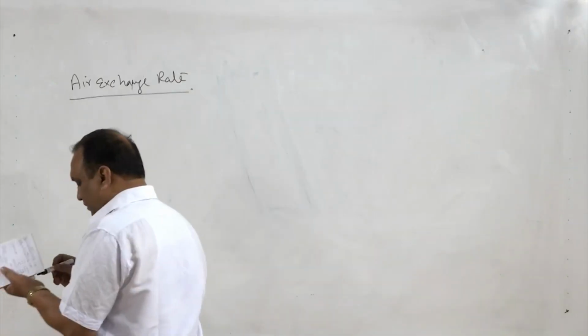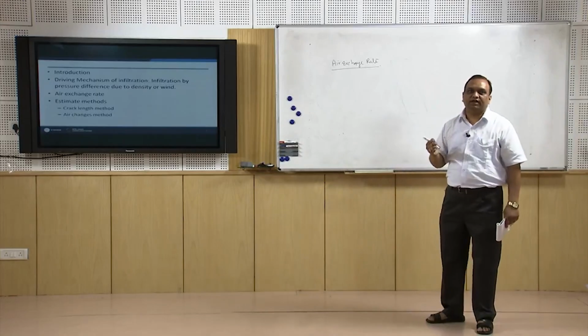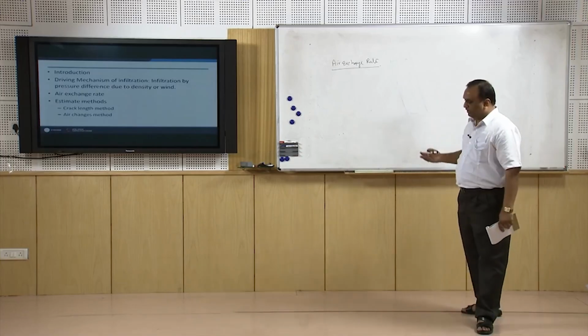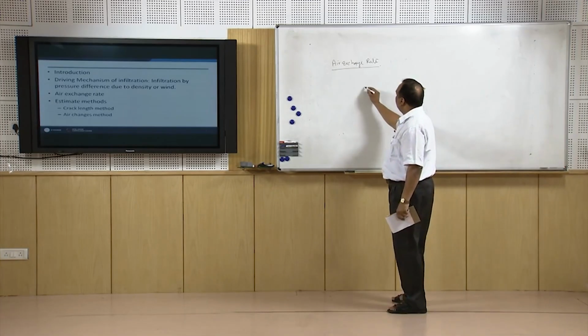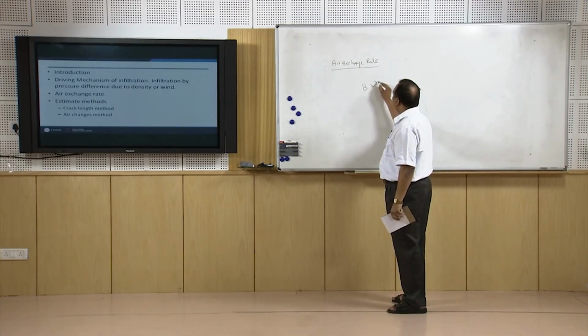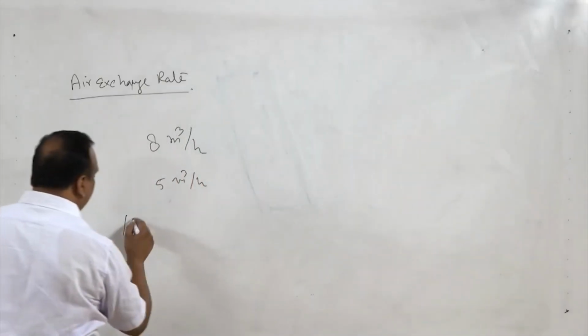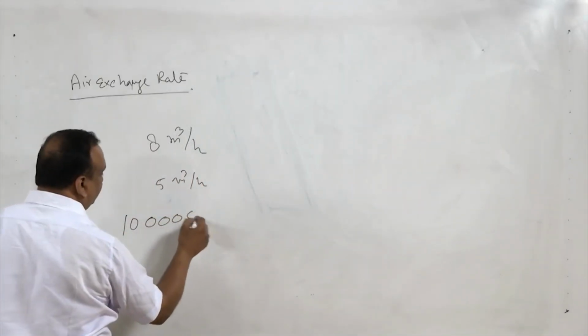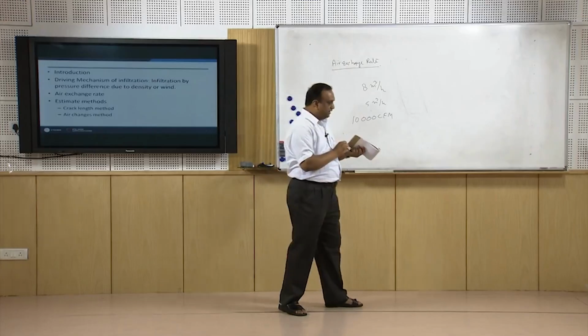In air conditioning, we never say that the flow of air in the building is 5 meter cube per hour or 8 meter cube per hour, or let us say 10,000 CFM. It is always expressed in terms of CFM, or 20,000 CFM.